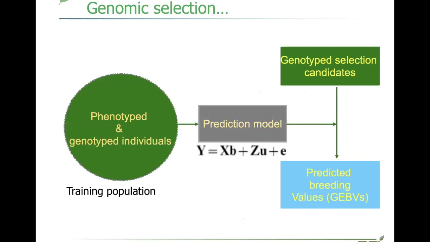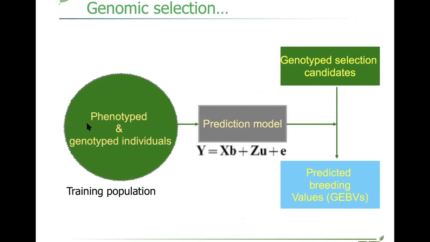Okay, so to just give you an overview of what the genomic prediction process is, you start with a set of individuals, in our case, clones or lines that are genotyped with dense markers, and also that are phenotyped for the traits you are interested in.